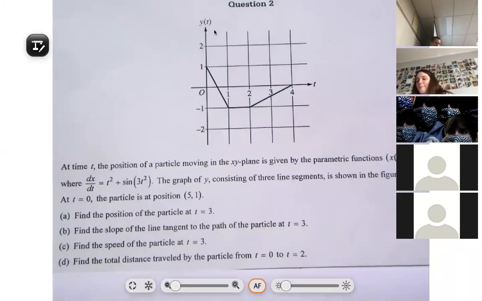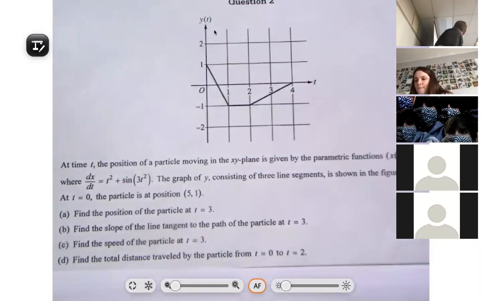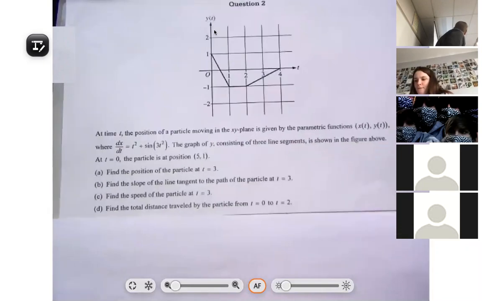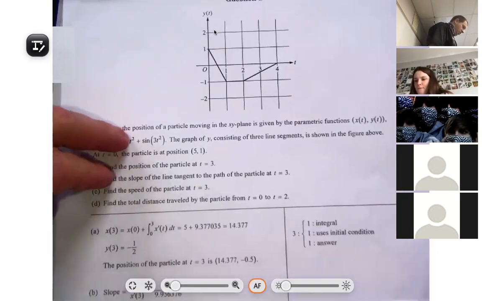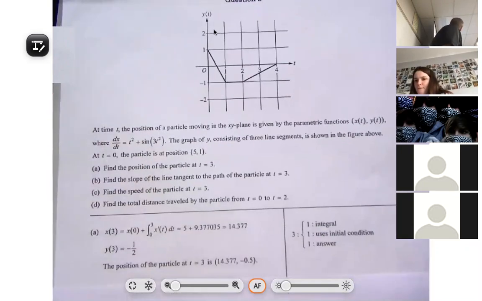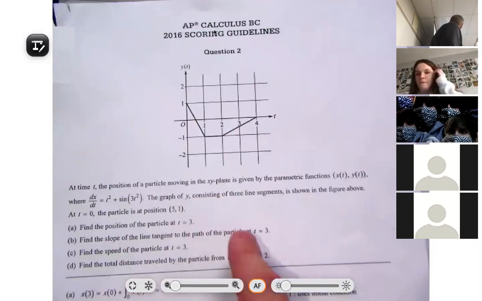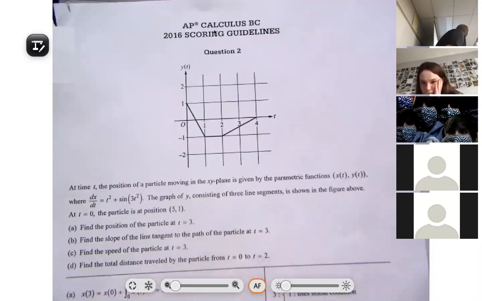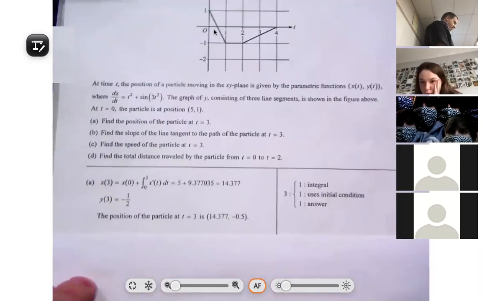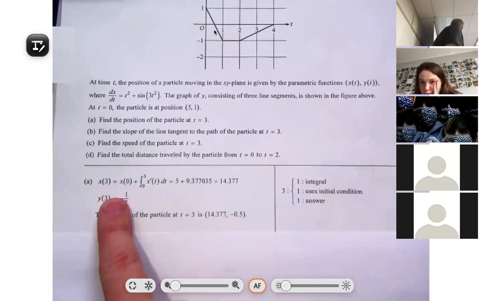All right. So let's take a look at the rubric here. Very first one, when you're finding the position, the y one is very easy because they give you the graph of y, so you're just looking for y of 3. For x though, be careful.